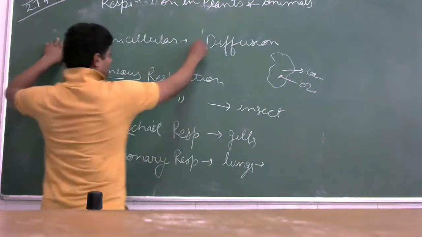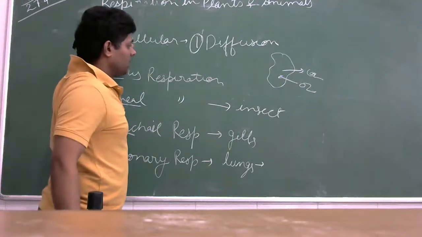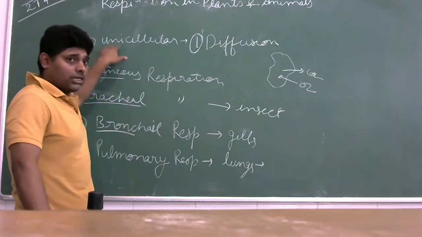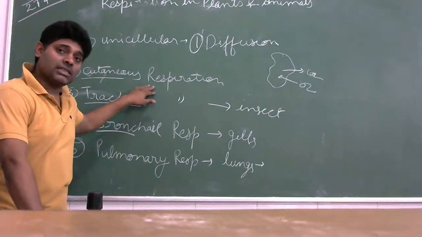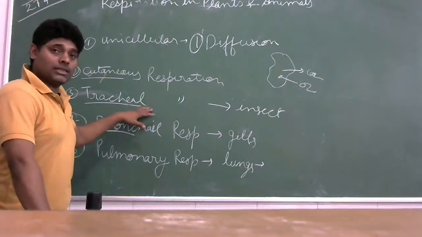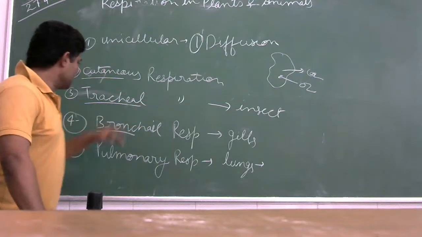So again, some points regarding the different types of respiration. Number one is diffusion by unicellular organisms. Next, cutaneous respiration by moist skin in earthworm, leech. Tracheal respiration in insects by tracheae and spiracles.